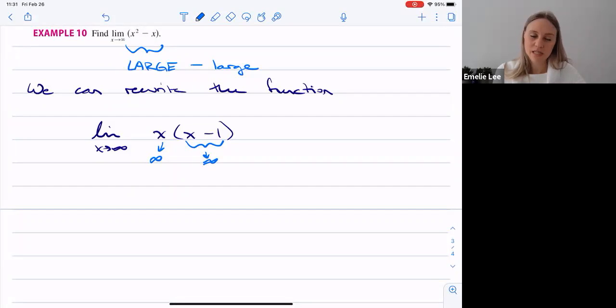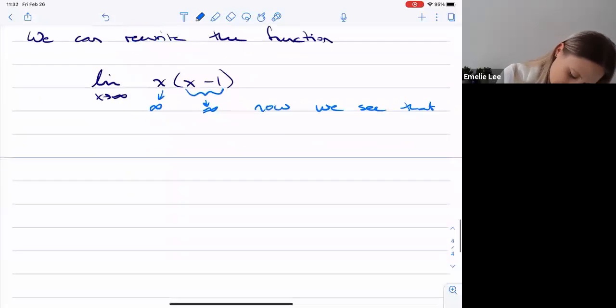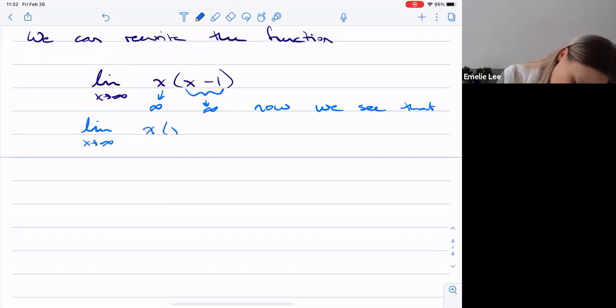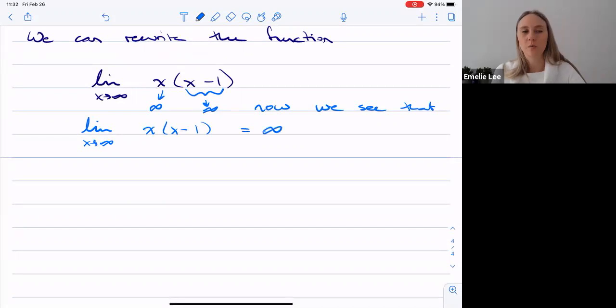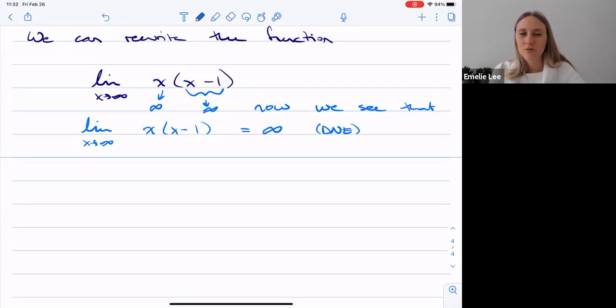And so now we see that the limit as x goes to infinity of x times (x minus 1) is just going to be positive infinity, because x is going to positive infinity. Which, just as a reminder, if it's going to infinity, the limit doesn't exist. It's just a special way of not existing.